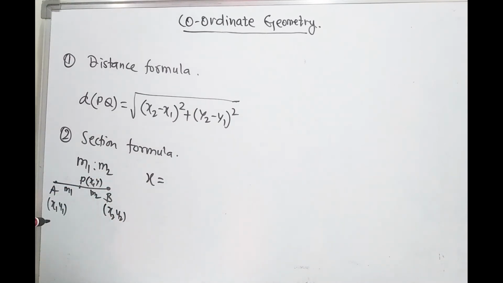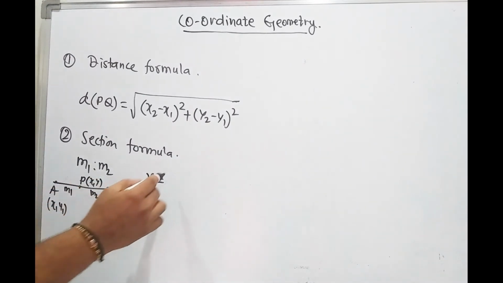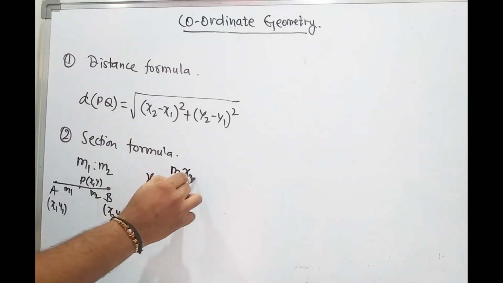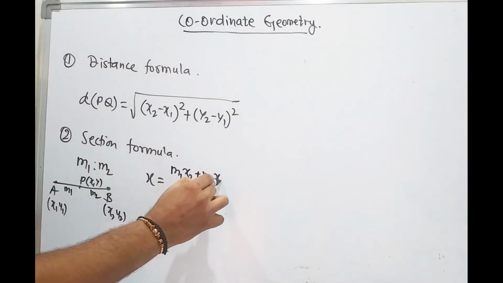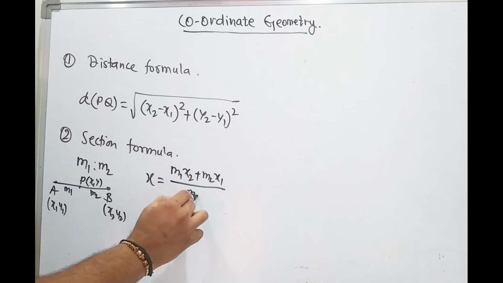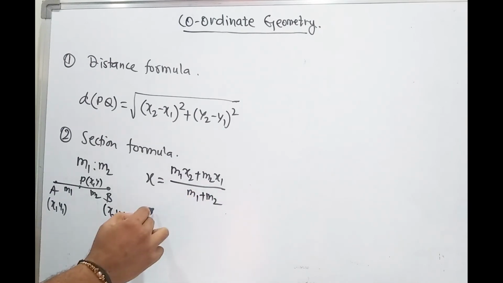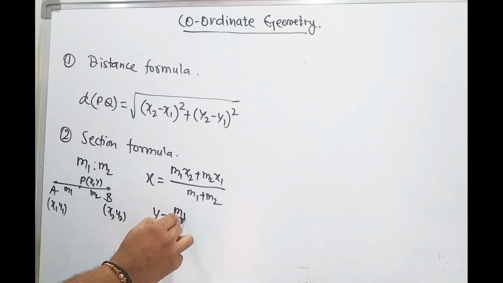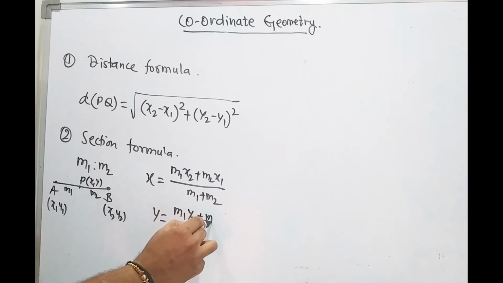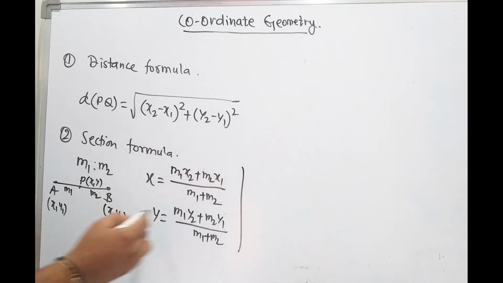So x coordinate of point P is equal to m1 x2 plus m2 x1 upon m1 plus m2, and y is equal to m1 y2 plus m2 y1 upon m1 plus m2. Now this is the section formula.